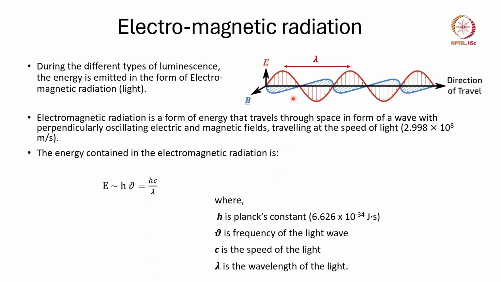The wave consists of mutually perpendicular oscillating electric and magnetic fields, and this wave travels at the speed of light, which is 2.998 × 10^8 meters per second.